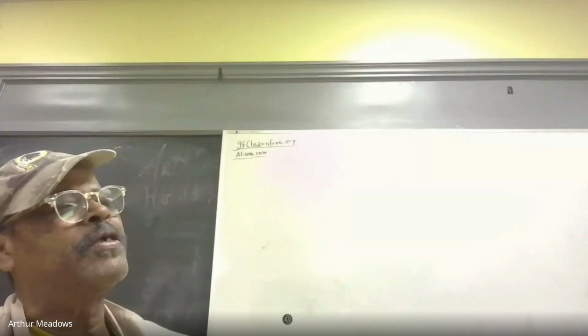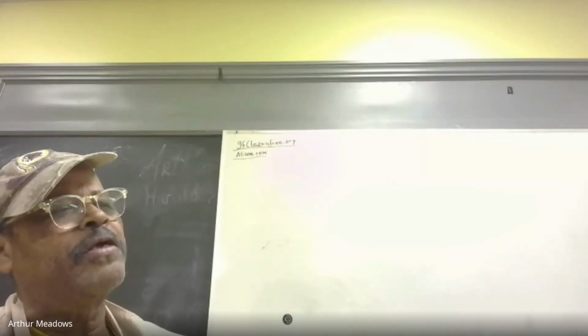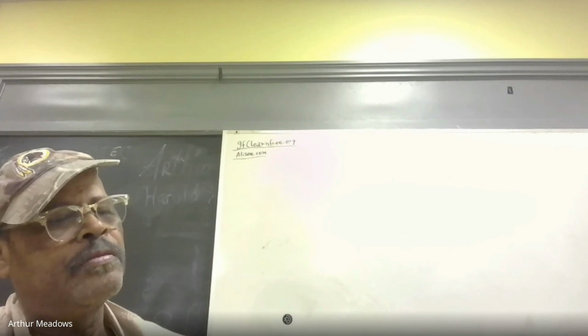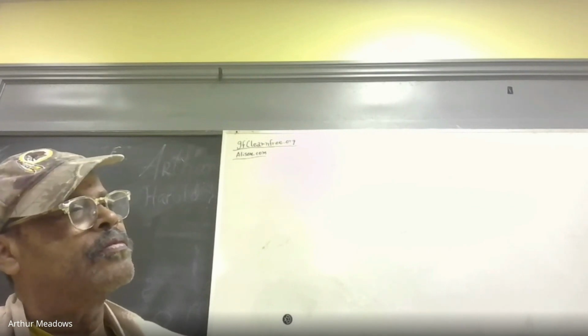I'm just confused about the rounding part, that's all. How many numbers do you have after the decimal point? Four.